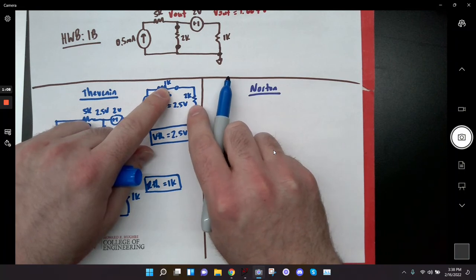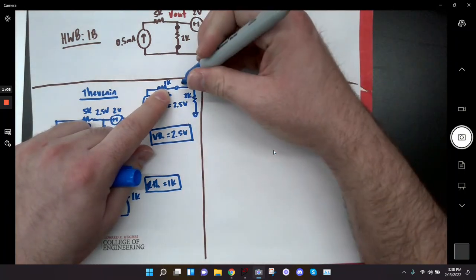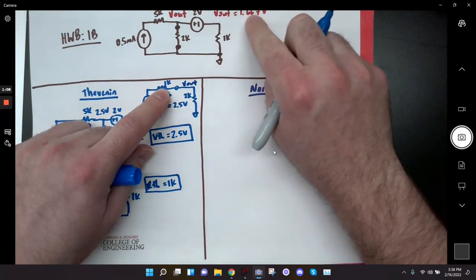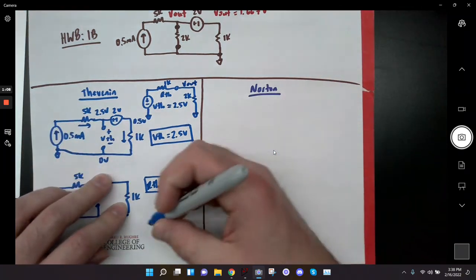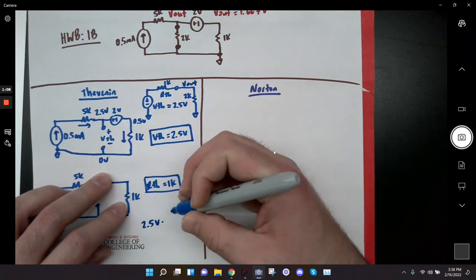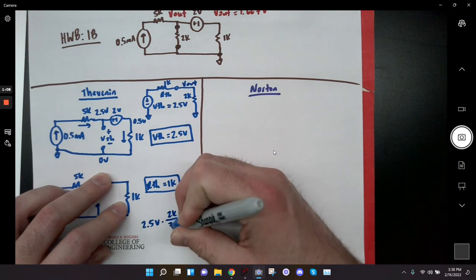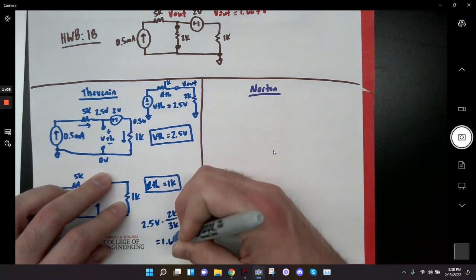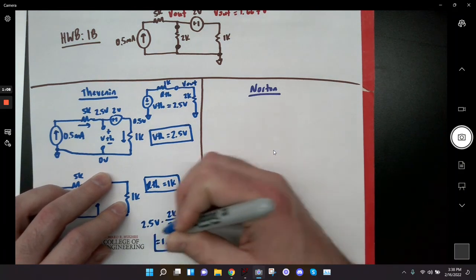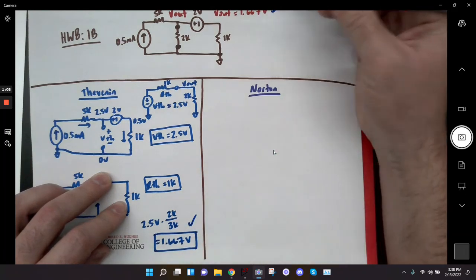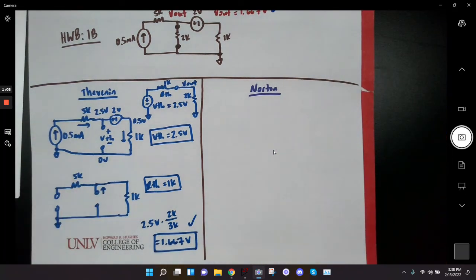The 2K is my load. I put it back in. I'm trying to calculate this V out to see if it matches. 2.5 volts times 2K over 3K gives me 1.667 volts, which confirms that it was correct. I'm not going to do it in Spice because I'm running out of time.